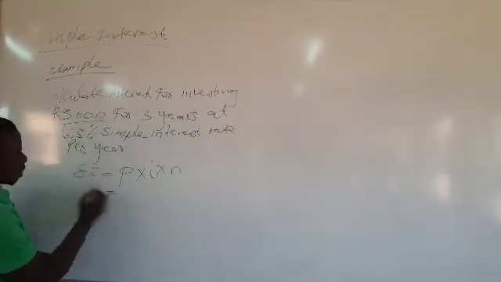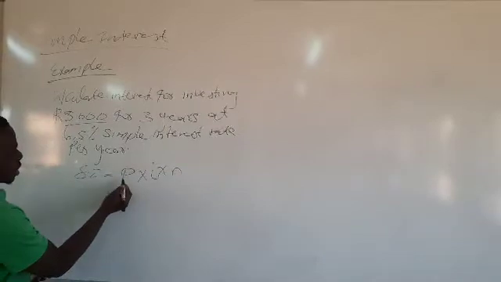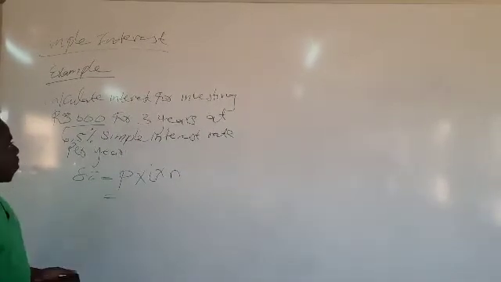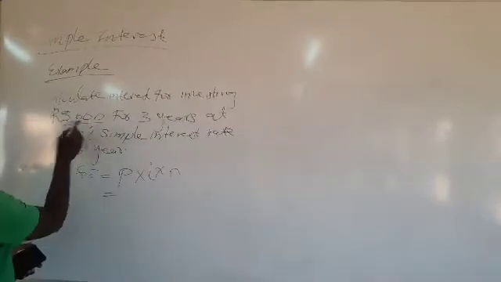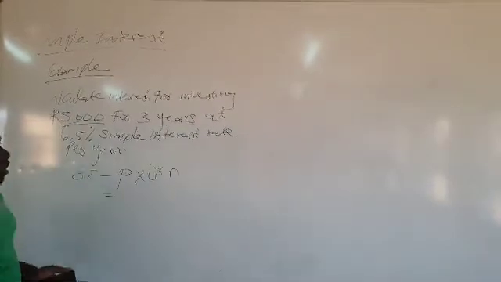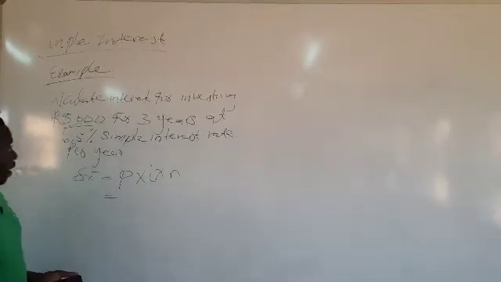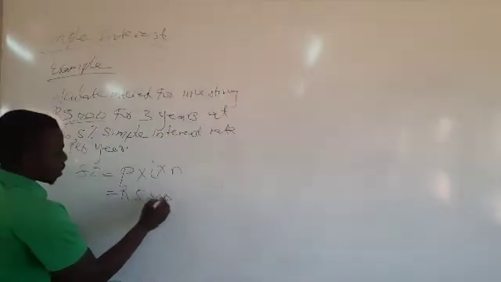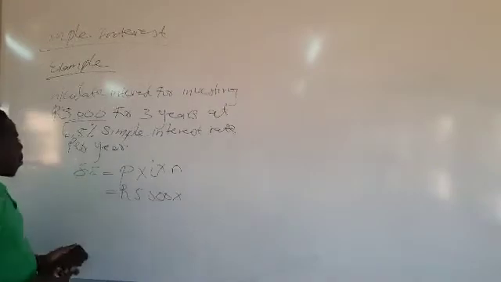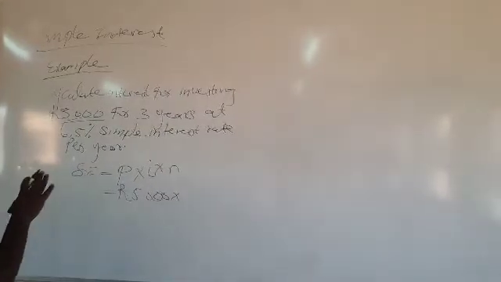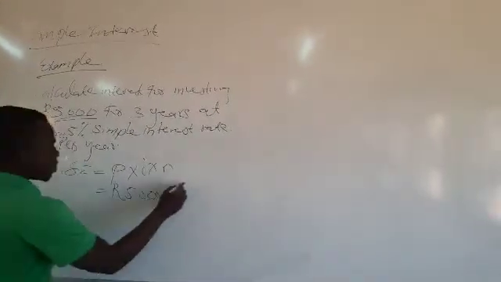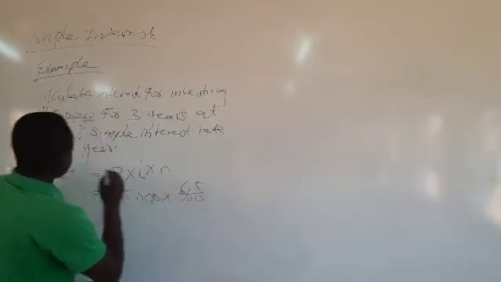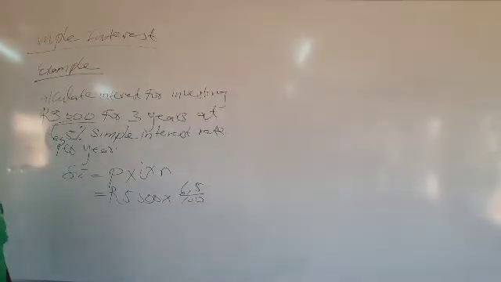Now let's say is equal to, then we want our P. P is the principal amount, the amount that the person has invested. How much is that amount? Is 5,000 rands. Then we're going to write 5,000 rands multiplied by what is our interest rate. Our interest rate, we're going to say 6.5 divided by 100. So now here it is expressed in the form of percentage.